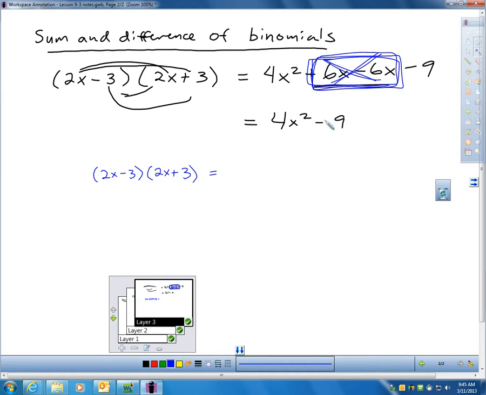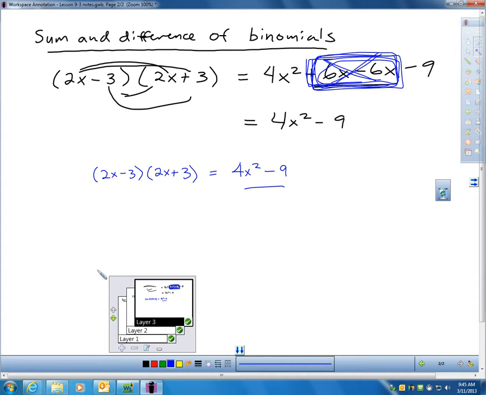They just crossed out because I got 6x and negative 6x. On a sum and difference of binomials, it always works that way. Those middle terms just cancel out. So the shortcut is just take 2x times 2x, which is 4x squared, and then just take negative 3 times 3, which is negative 9, and that's all we have to do. We don't actually have to double distribute the whole thing out.